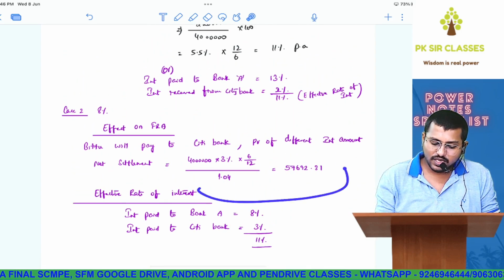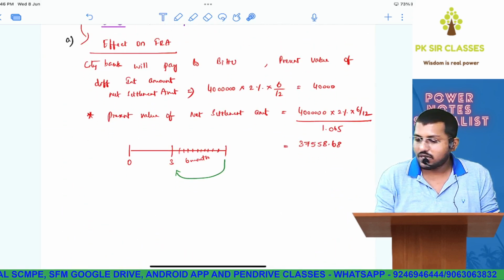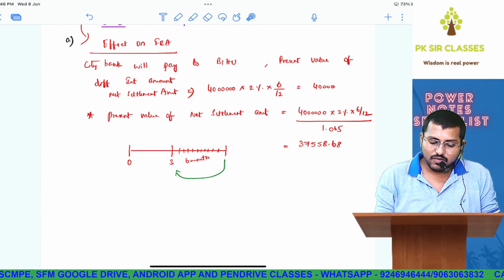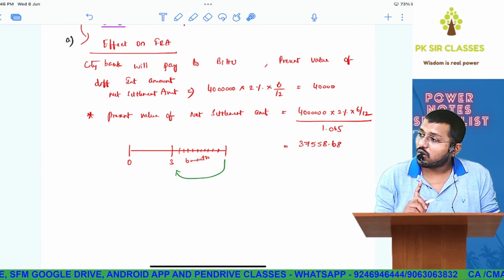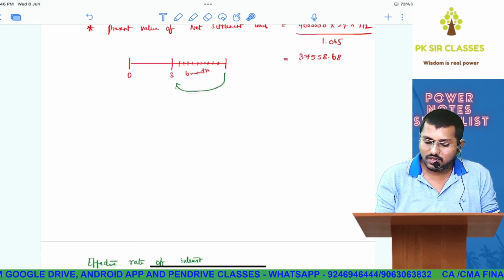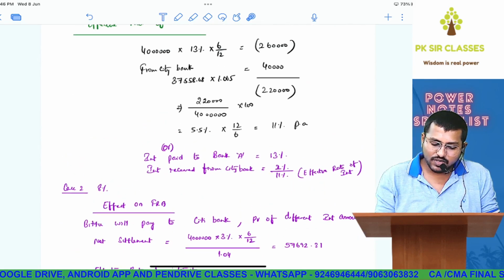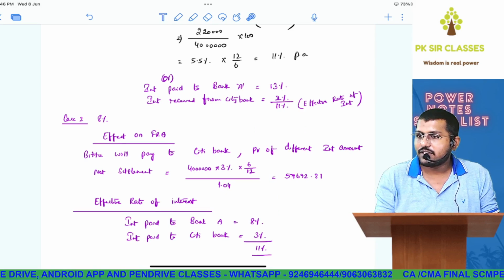If you observe this carefully, automatically the bank is getting benefited here. I don't know whether you are able to understand or not. When they are giving us, they are discounting at 13%, which will always be higher. But when we are giving them, we are discounting at only 8%. Did you see that? Straight away they have a benefit.